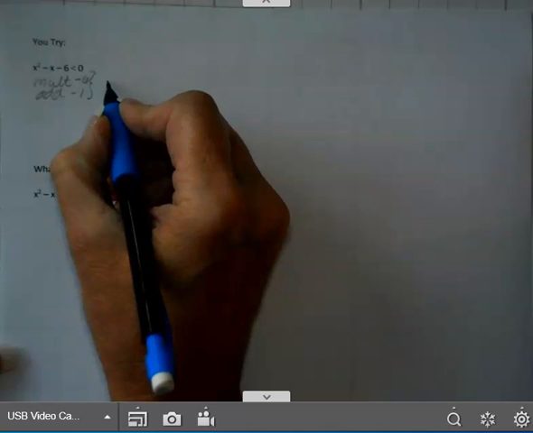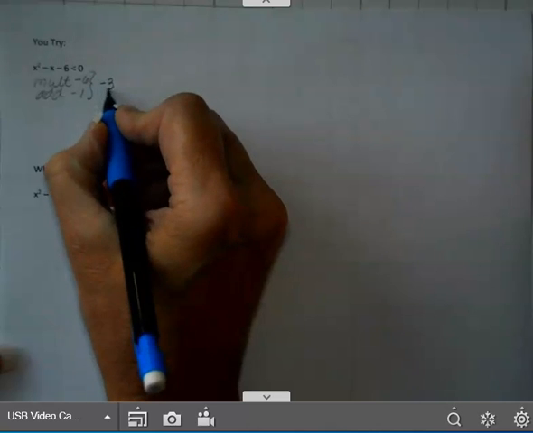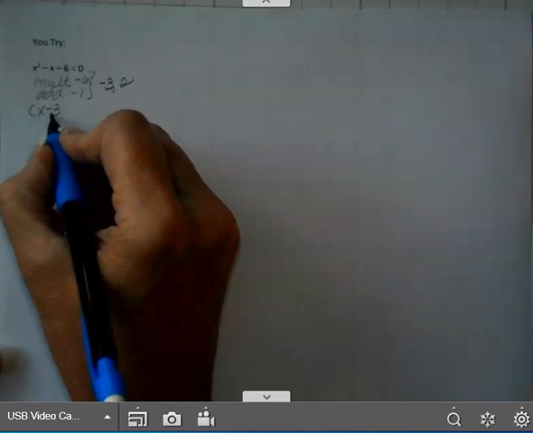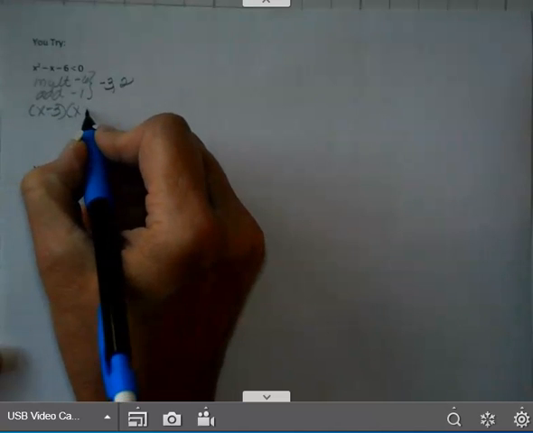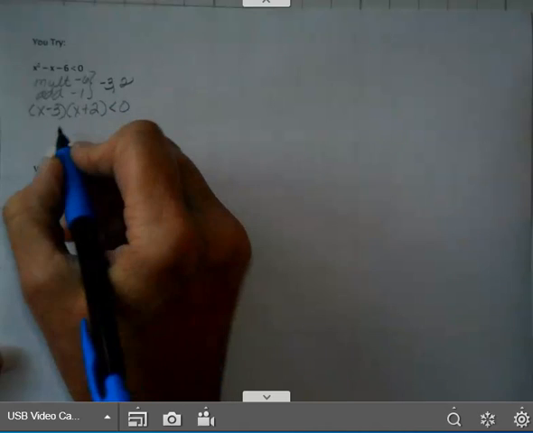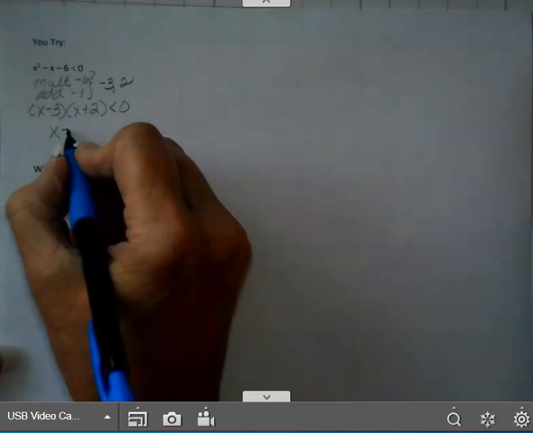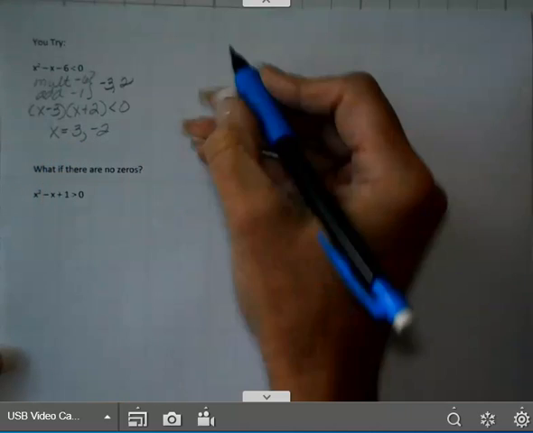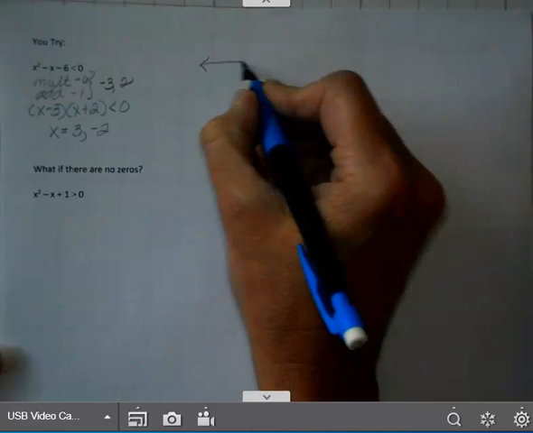Those numbers are -3 and 2. So this factors to x minus 3, x plus 2, and I want that less than 0. So my intervals I'm going to need to put on are 3 and -2. That's going to break it up on my number line.